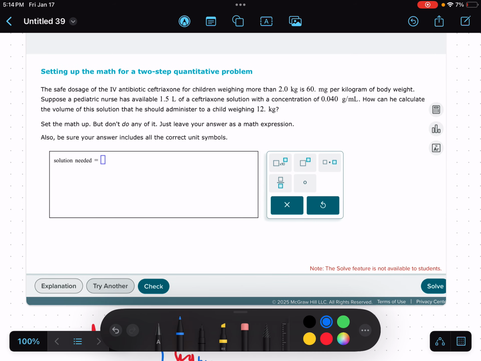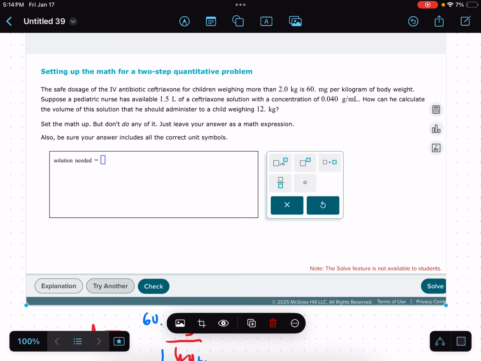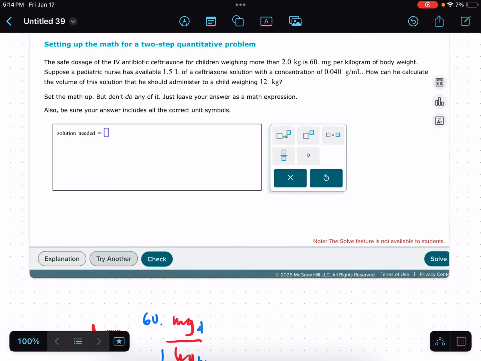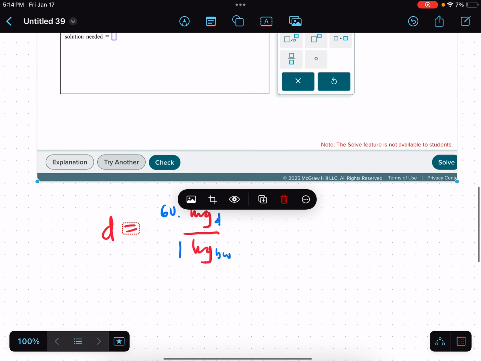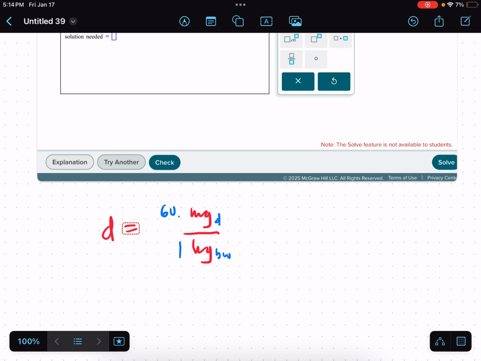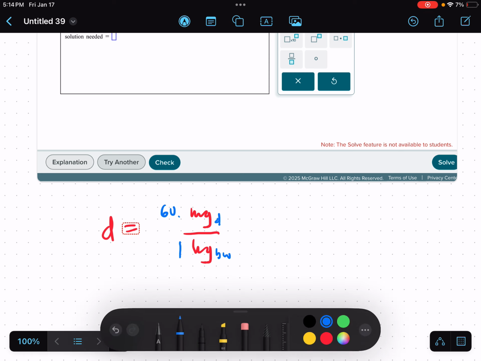Haven't even read the question yet, right? All we're doing is just getting stuff. Suppose a pediatric nurse has 1.5 liters with a concentration. Okay. She has this volume. Yeah, so that's terrifying, isn't it? Some people are going to be saying, what am I doing with that? I'm going to say volume is equal to something in liters, okay?